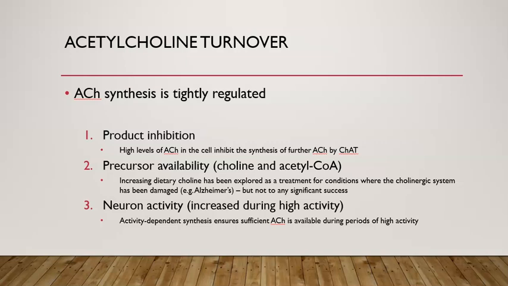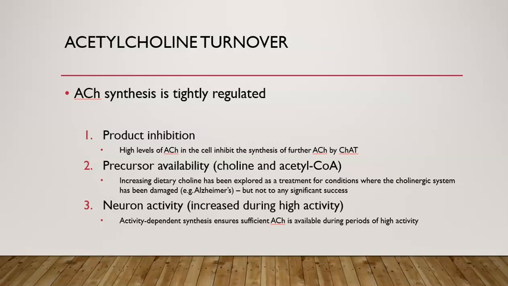A great example of a damaged acetylcholine system would be in Alzheimer's patients, where you see that decline in cognitive function and memory. However, some of the work around increasing the dietary supplementation of choline has actually failed for two reasons.